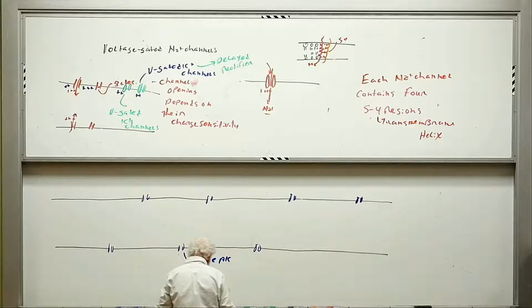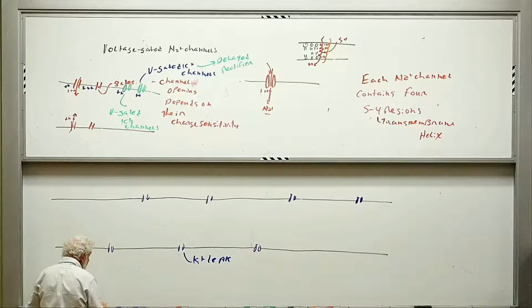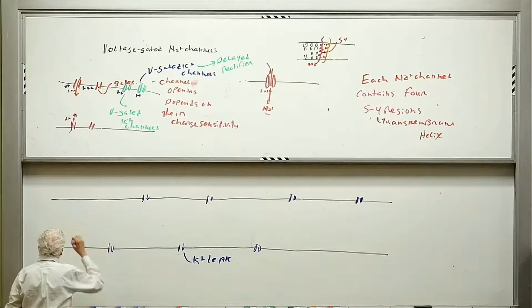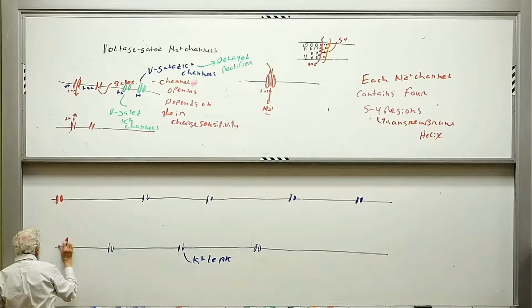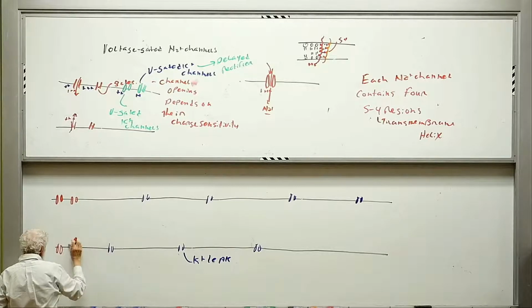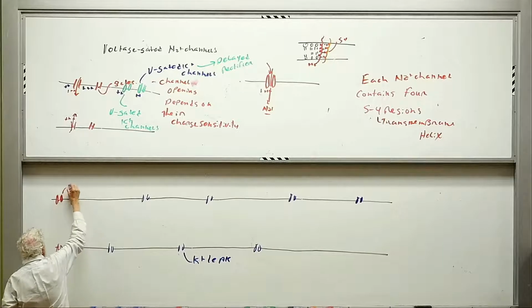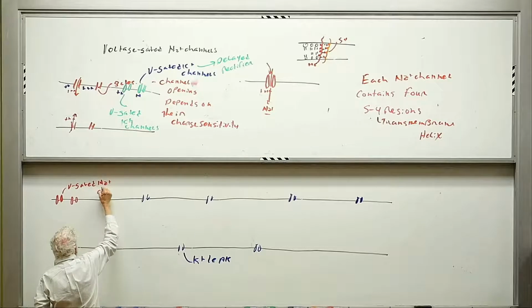Now, in this thought experiment, biology doesn't do this, but in this thought experiment, I want to put in, I have to use red because that's the way I started, up here a group of these gated channels, and we're going to label these as the voltage-gated sodium channels.